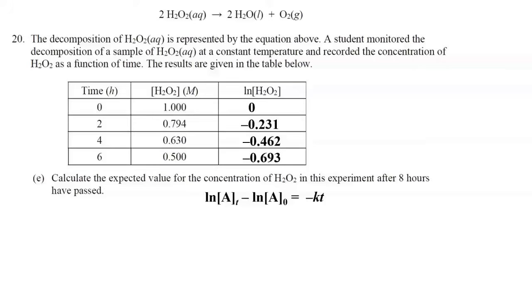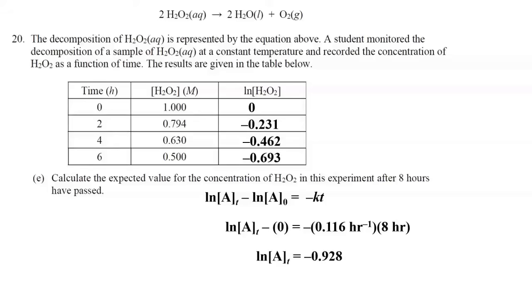The time is 8 hours. The rate constant is 0.116 inverse hours. We know the natural log of the concentration at time 0 is equal to 0, so natural log of 1 is 0. And then now we have the natural log of the concentration at time t, which we don't know that value yet. So let's do the math.